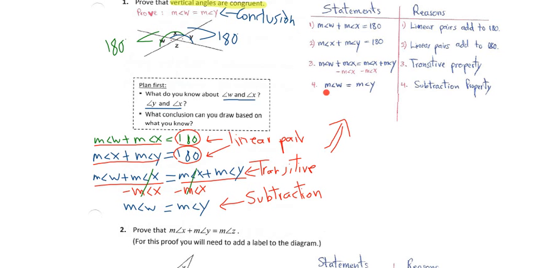You just need to write the result of the subtraction, which is measure of angle W is equal to measure of angle Y, because we use subtraction, so the subtraction property is the reason. And that's proof number 1.